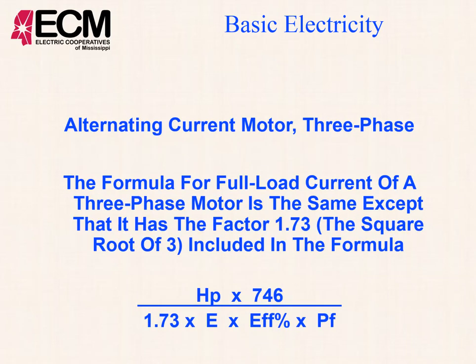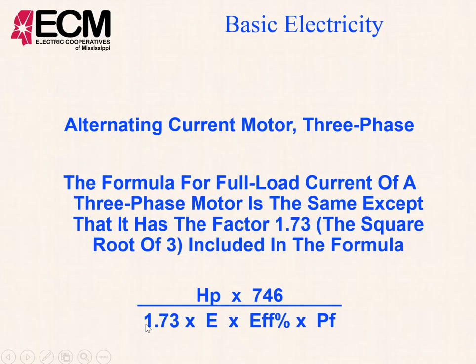Three-phase. So you see that the formula is a little different. The formula for full load current of a three-phase motor is the same, except that it has the factor 1.73, which is ironically the square root of 3, included in the formula.